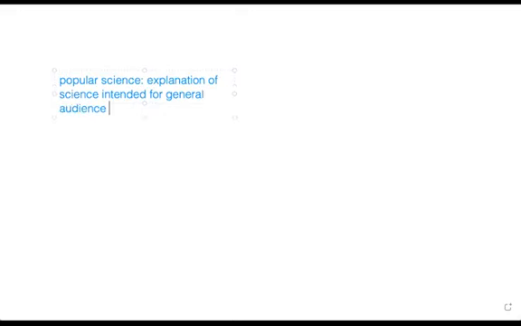So, for example, if someone is not specialized in science and wants to know any topic about science, they can read a popular science book or magazine. Why? Because it has simple explanation or simple interpretation about science.